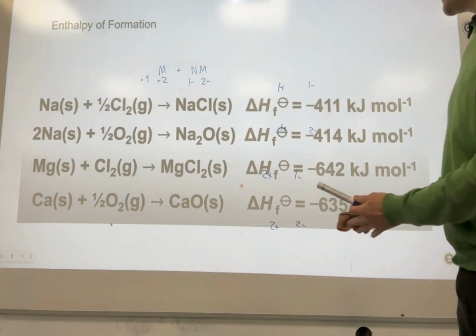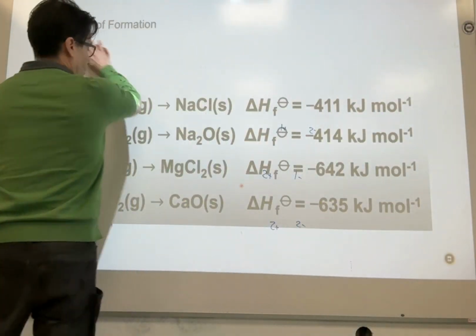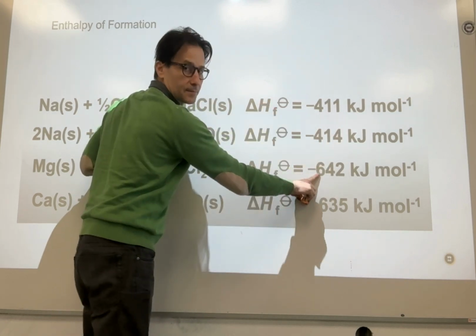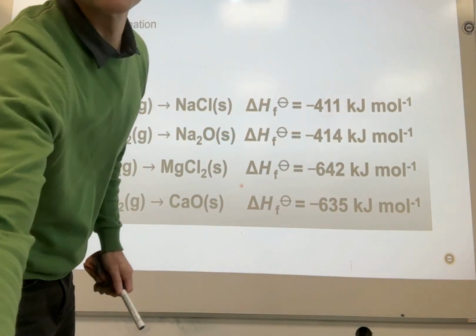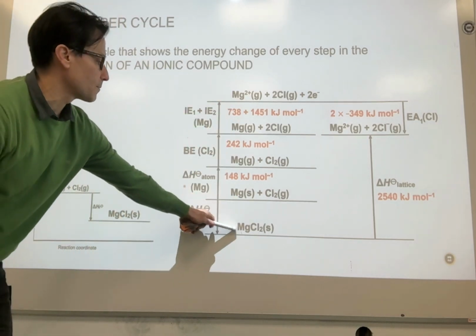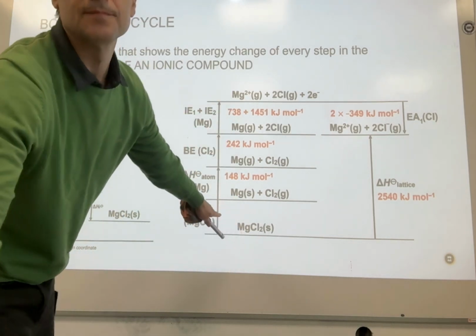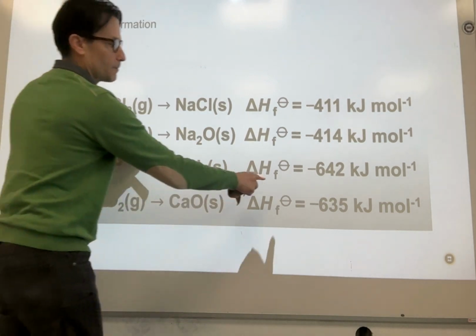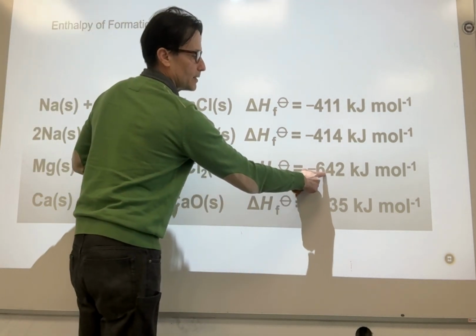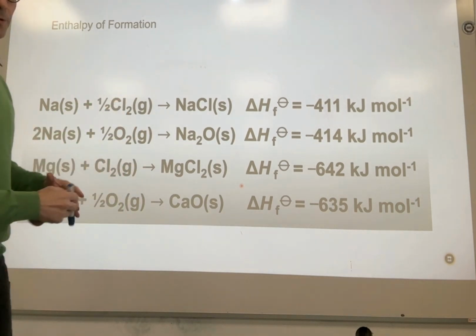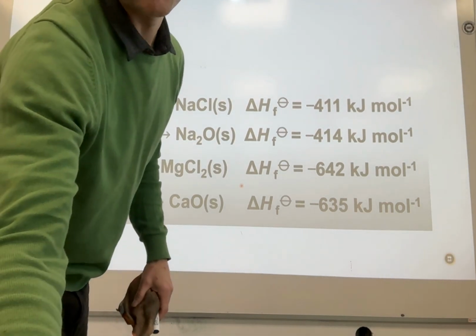All right, so each of these has its own enthalpy of formation. They're all different. So just like that first slide that we looked at where we added them all up to give the enthalpy of formation of MgCl2, they each have their own value. We would have found the one for MgCl2 on that one and it would give negative 642. But they're all different, so there's no standard answer there. It's unique for every compound.